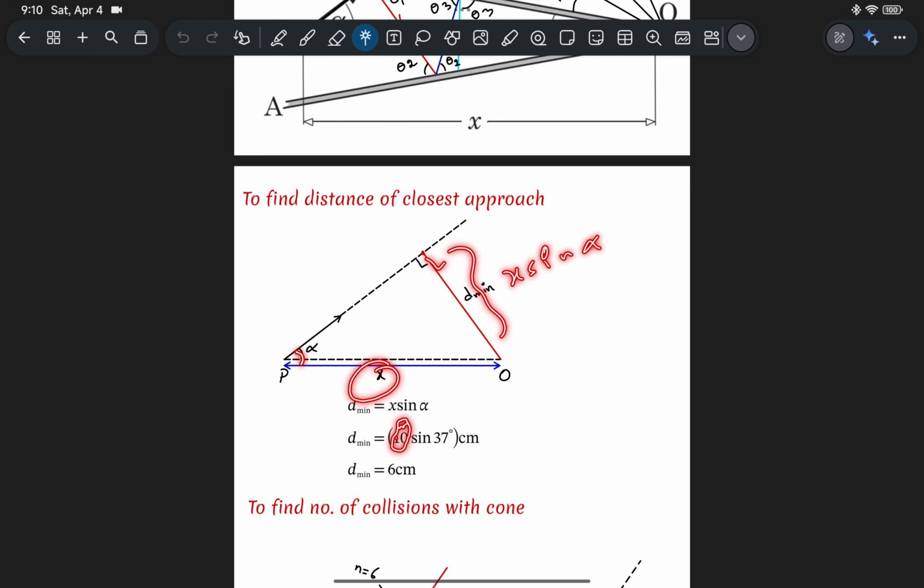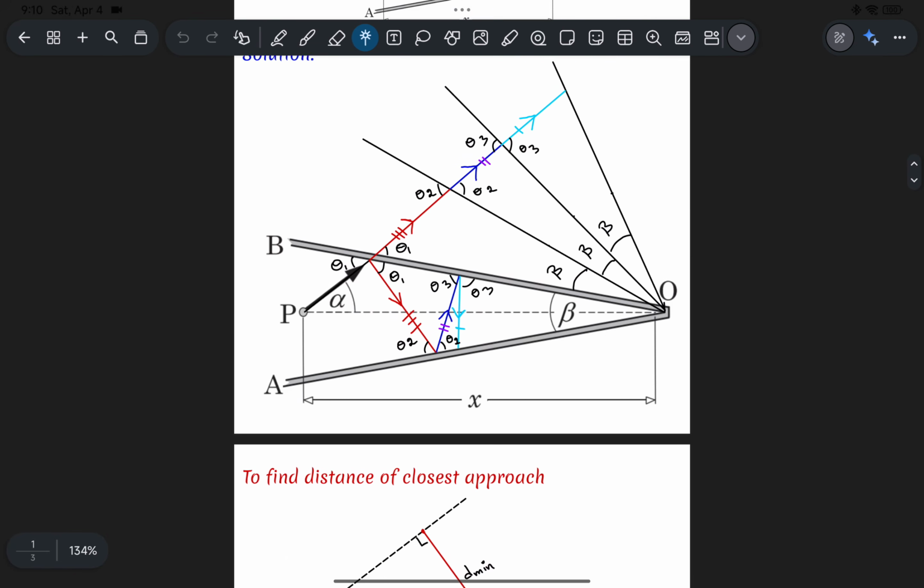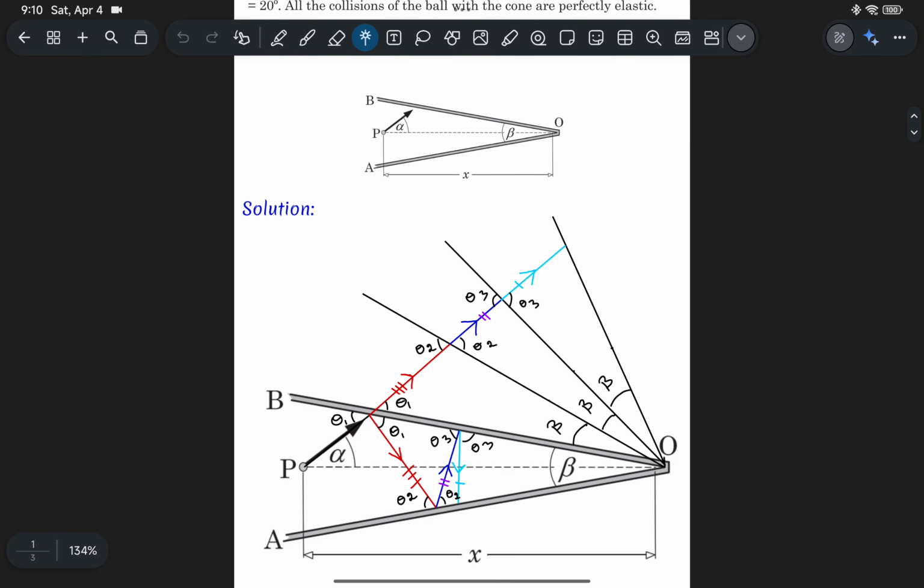So I have substituted 10, and the alpha value is given as 37 in the question itself. So the minimum distance between O and the particle is 6 centimeters. Though I am finding it for the straight line, you have to understand that throughout the motion, the distance of the particle on this straight line is the same as what was actually happening here.